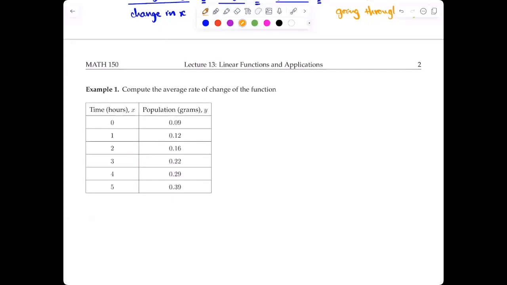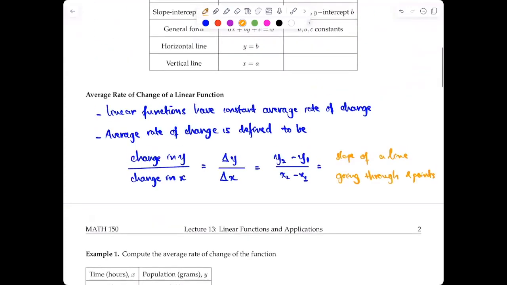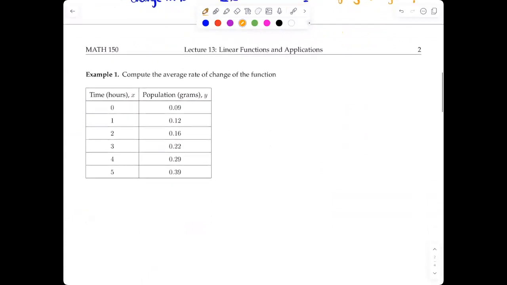And then again, the next two values, y2 minus y1 over x2 minus x1, and so on and so forth, to see if there is a constant slope or constant rate of change. Because if there is a constant rate of change, then you can define the function that you can use to fit this data. You okay with that idea? Understand why we do what we're doing?